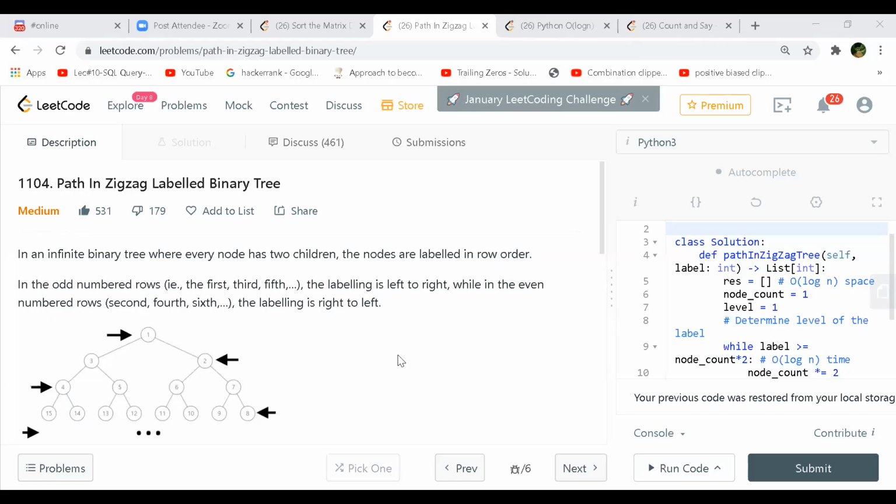So next is path in a zigzag labeled binary tree. We are given an infinite binary tree where every node has two children, and the nodes are labeled in row order. In odd rows, the first, third, and fifth, the labeling is from left to right, and in even rows, the second, fourth, and sixth, it is right to left.